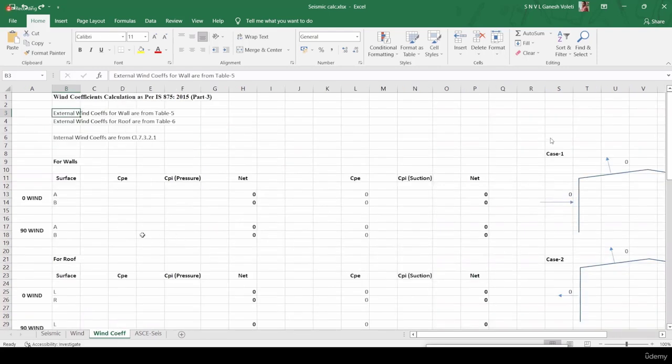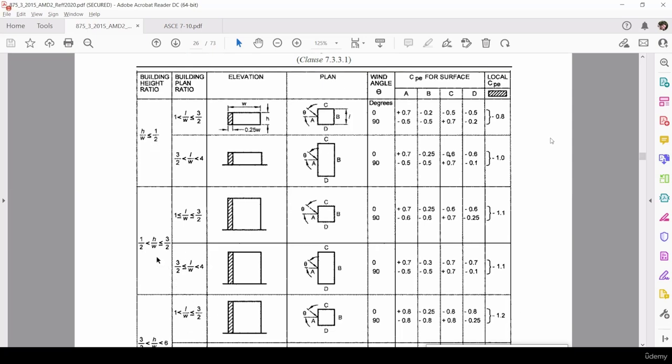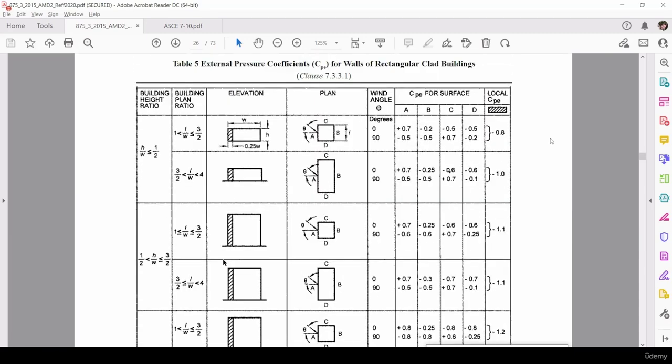For calculating external wind coefficients, let's go to table number 5. In this table, the first parameter we have to use is the building height ratio, H by W. If H by W is less than or equal to 1 by 2, it is one case. If it is between 1 by 2 and 3 by 2, second case. More than 3 by 2 up to 6, third case. There are several cases like that.